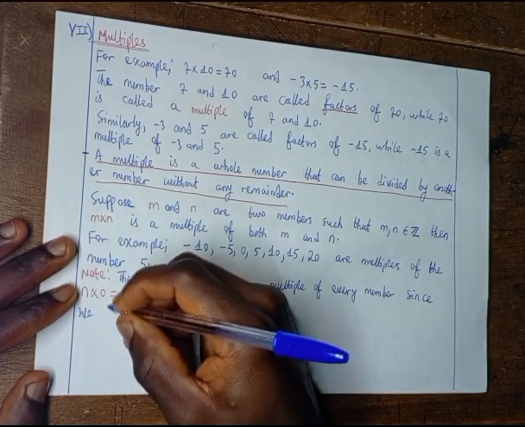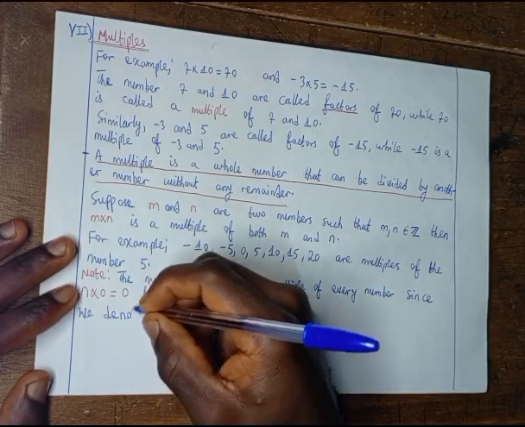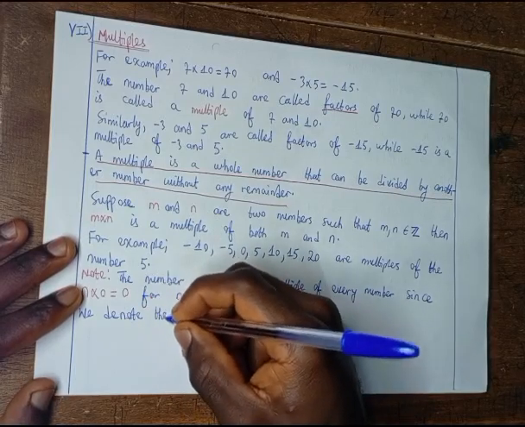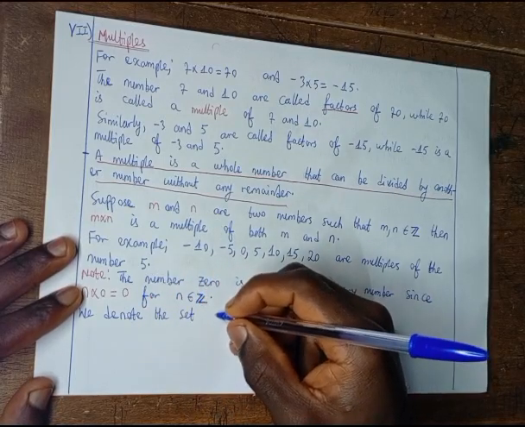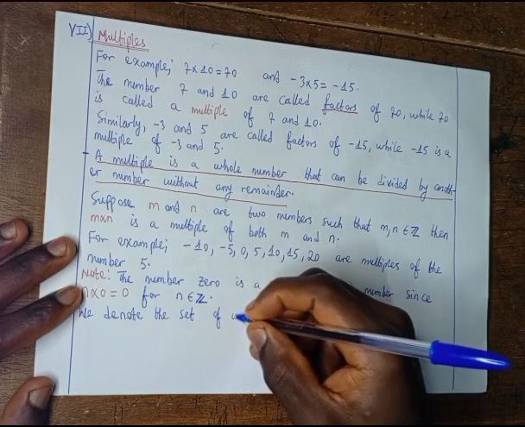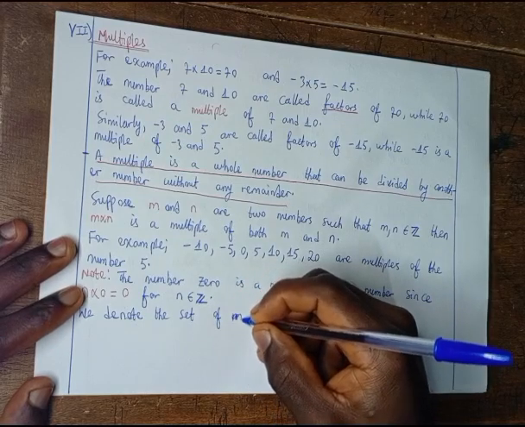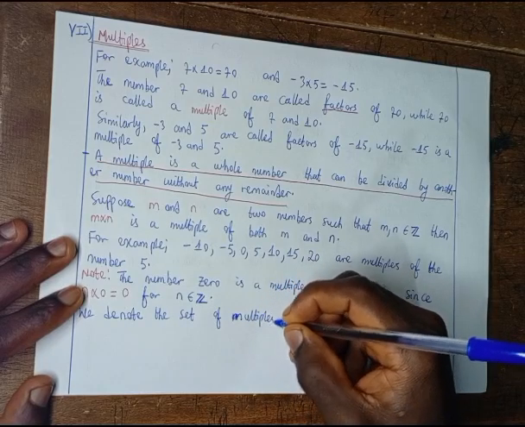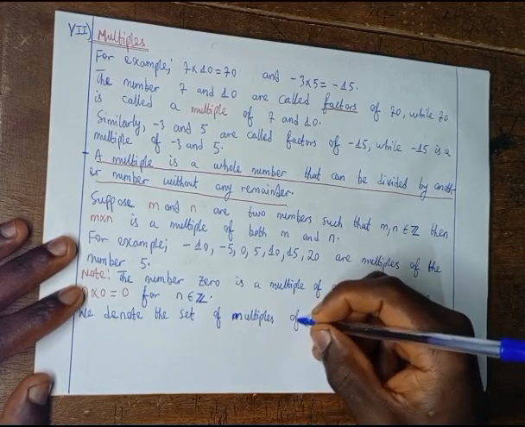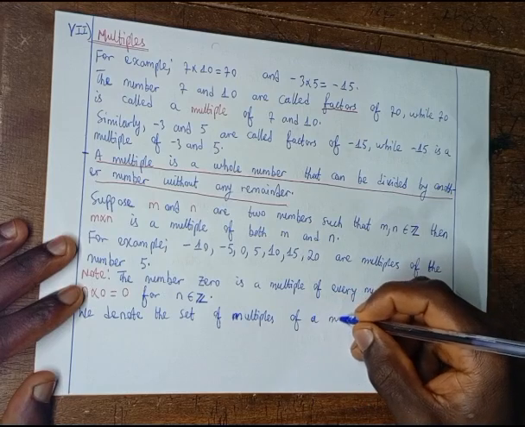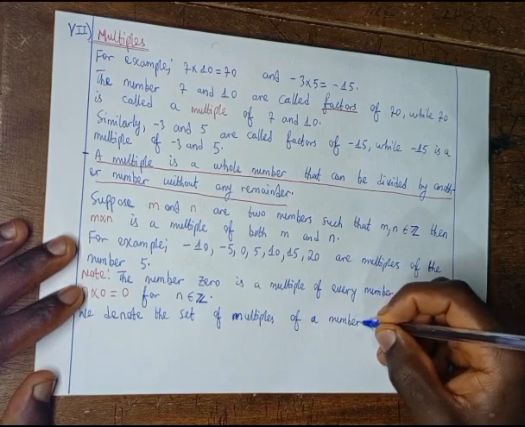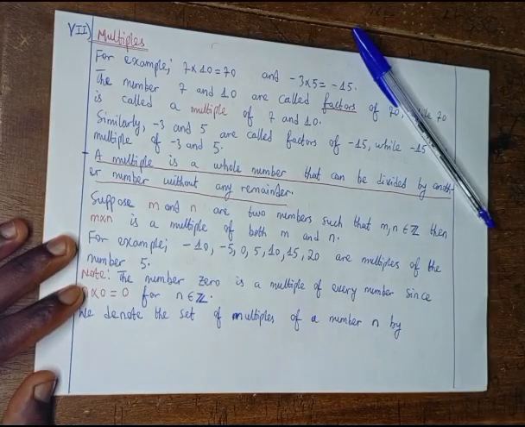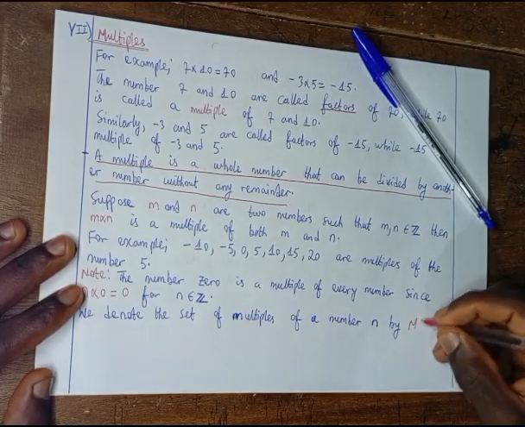Next, we denote the set of multiples of a number n by making use of m of n.